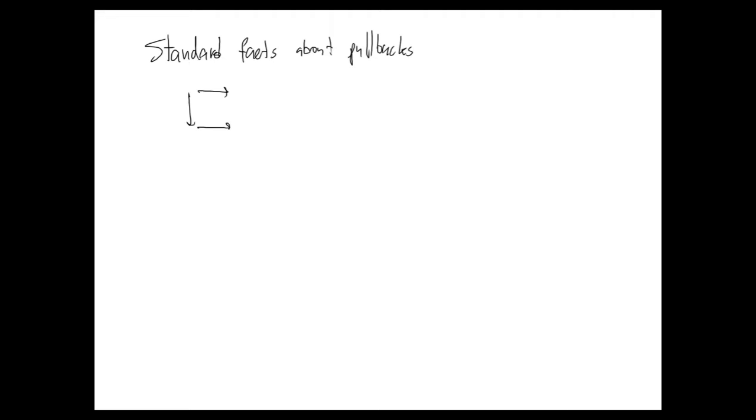If you have a diagram like this, I'm not going to label the objects anymore for this part of the lecture. If you have a diagram like that, that's a pullback. Usually we indicate it by saying PB in the center there. And you've got another one that's a pullback.